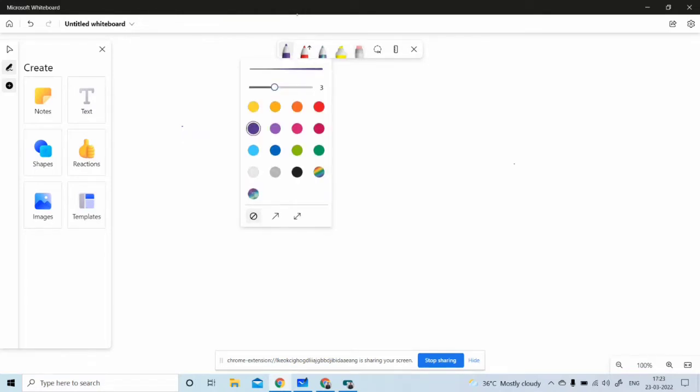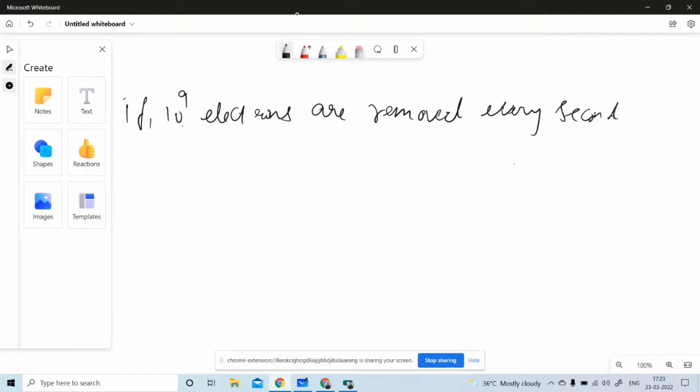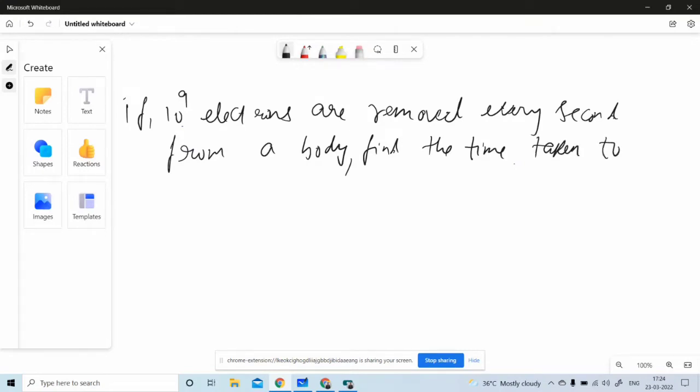Suppose the question says that if 10 raised to 9 electrons are removed every second from a body, find the time taken to establish a charge of 1 coulomb.